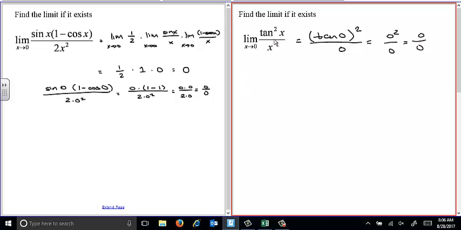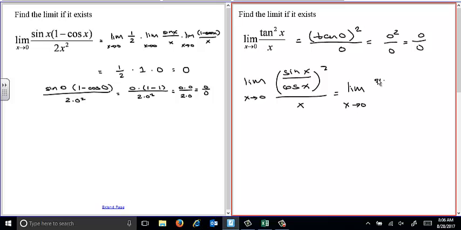We could maybe use one of the Pythagorean identities, but I think the easiest one to try here is to replace the tangent with the sine over the cosine, and then see how that does. You can see that I could take one of these sines and group it with the x. So let's do that, see what happens.